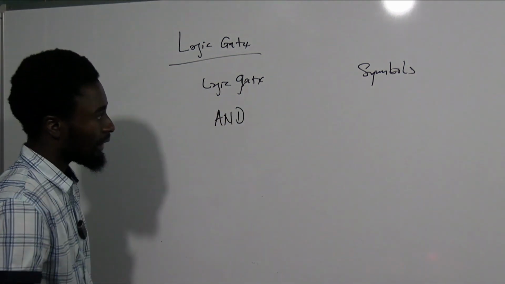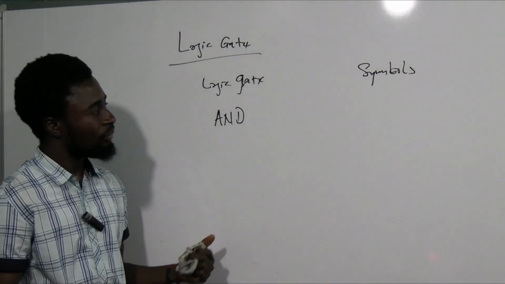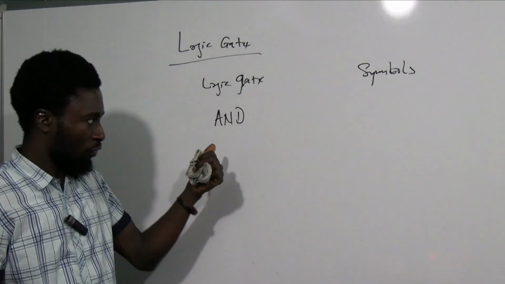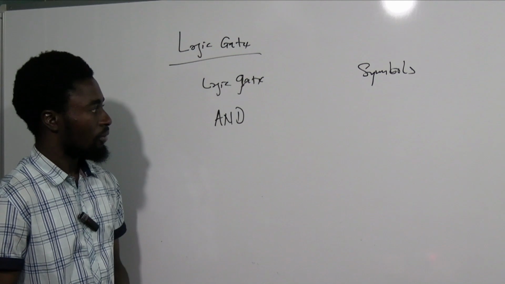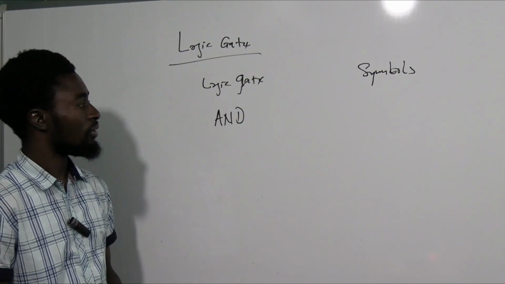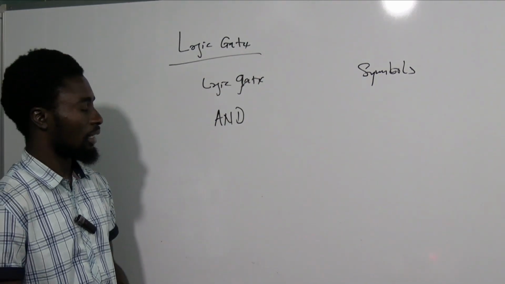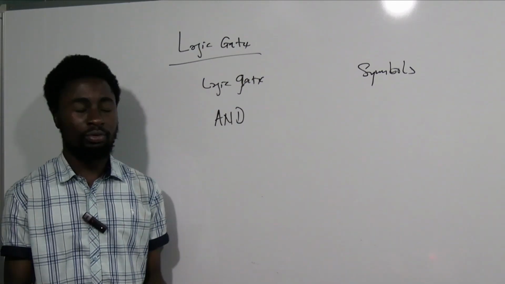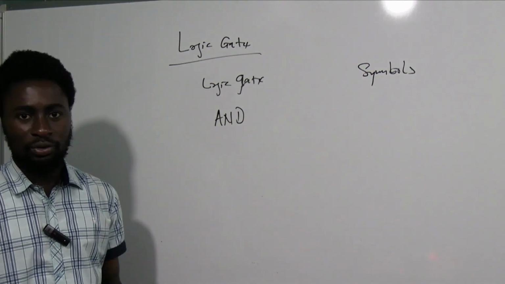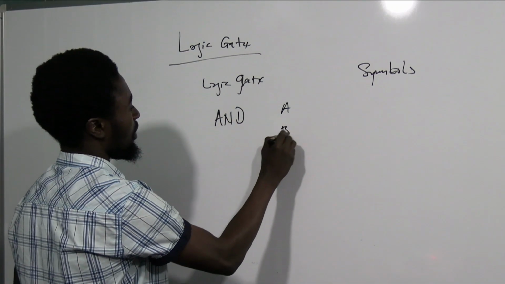So now remember, in our intro, we said most of these gates may have 2 inputs and an output. So let's see those gates that may take 2 or more inputs. So for example, we have the AND gate, which we are going to consider A, for example, and B as input.